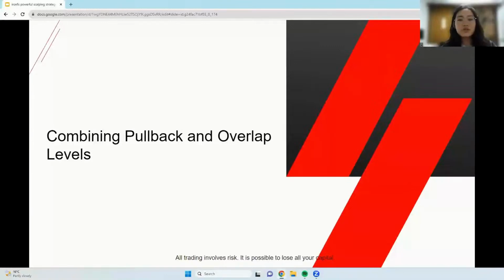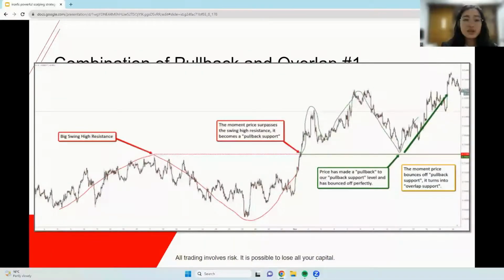Okay, so now that we know what overlap and pullback levels are, we can combine them to find strong resistance and support levels. Here we have a big swing high resistance level. Price surpasses this level and it becomes a pullback support, so we expect price to pull back or retrace to this level.